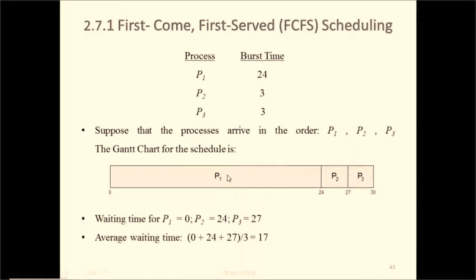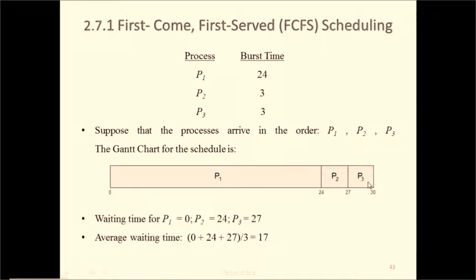Once P1 completes, then P2 will get it, and from 24 to 27, P2 will have control of the CPU because its burst time is 3. Then P3 will have control of the CPU, which again has a burst time of 3, and from 27 to 30, P3 will be there.